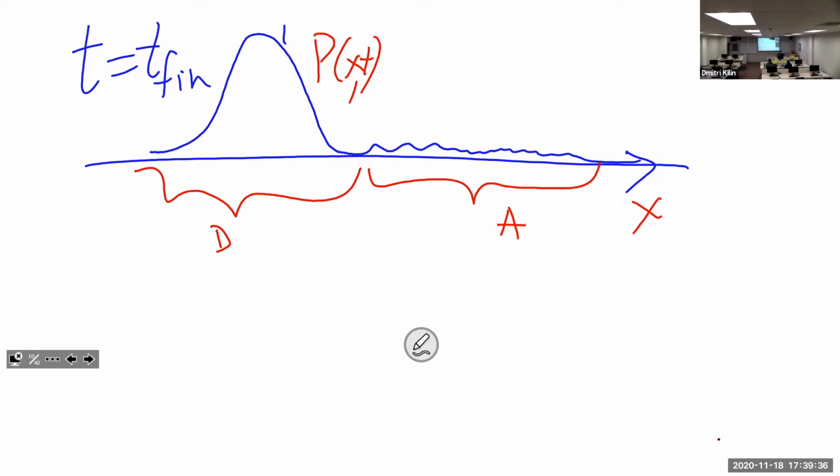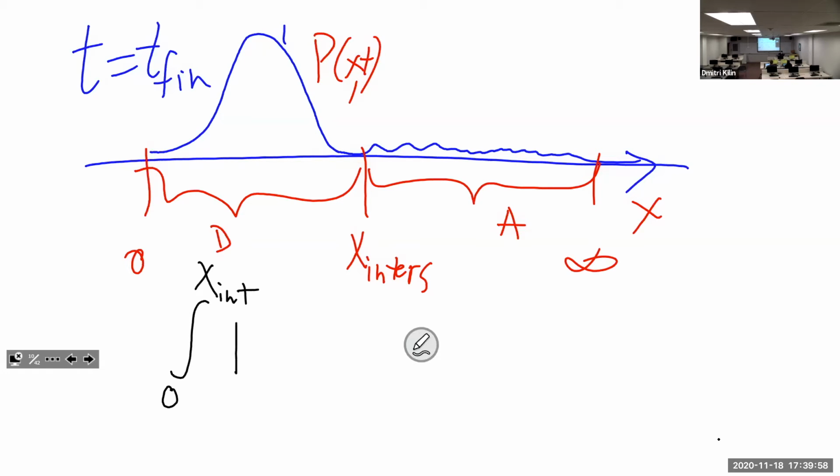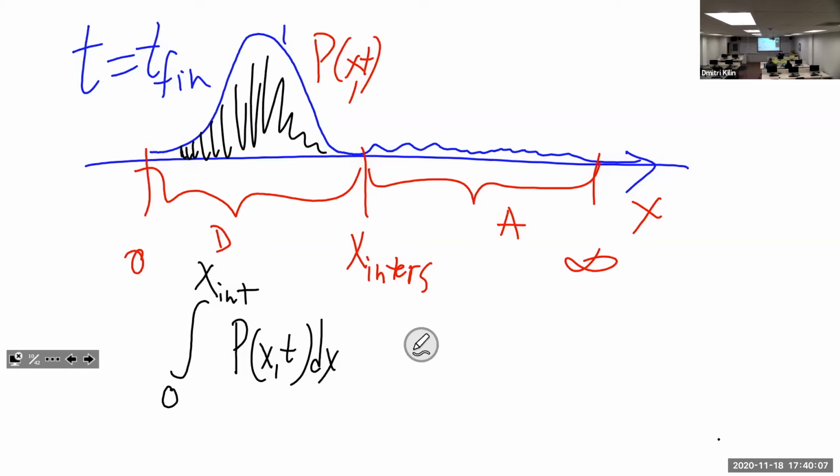Then we can perform integration with the border at the interface: there is 0, and there is, let's say, infinity. One can perform integration from 0 to the interface of P(t) dx, which means the area under this curve.